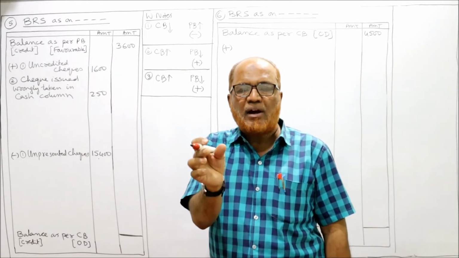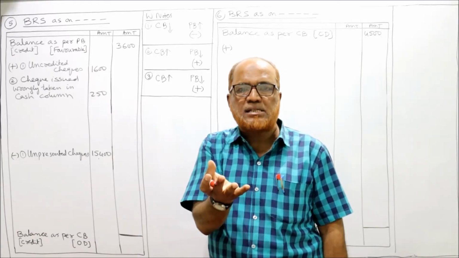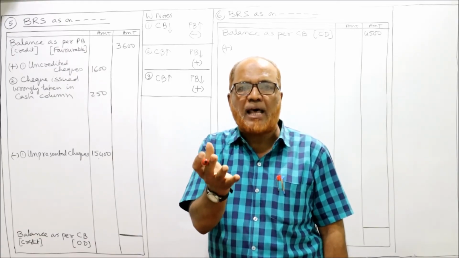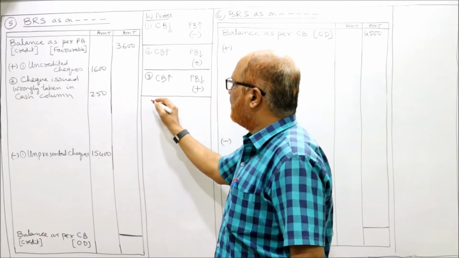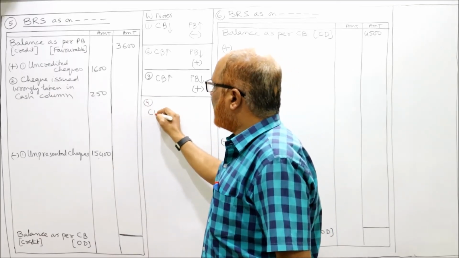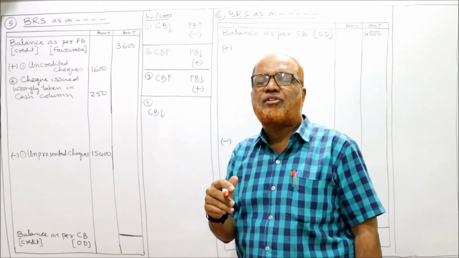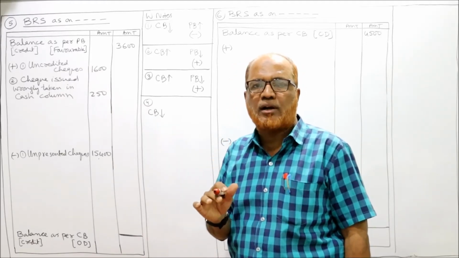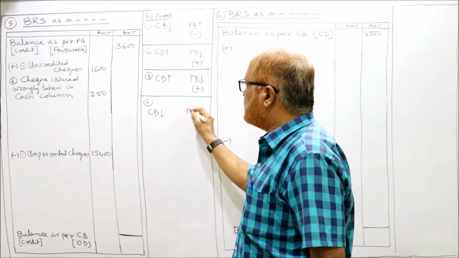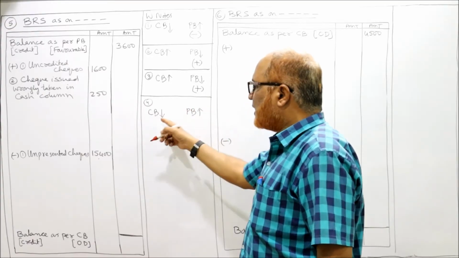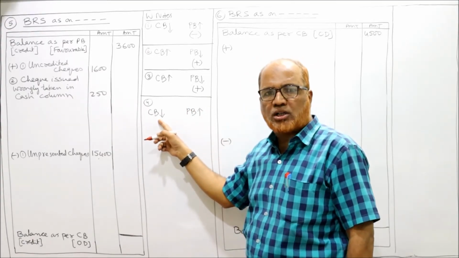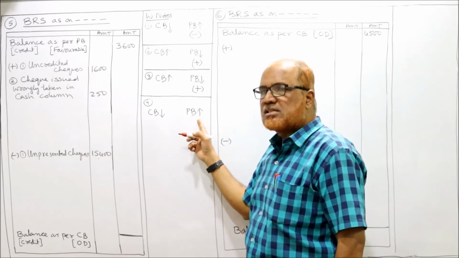So on the debit side we have taken 400 rupees less. So our cash book balance is showing less balance, and passbook balance is more. Our cash book balance is 400 rupees short, whereas passbook balance is more.